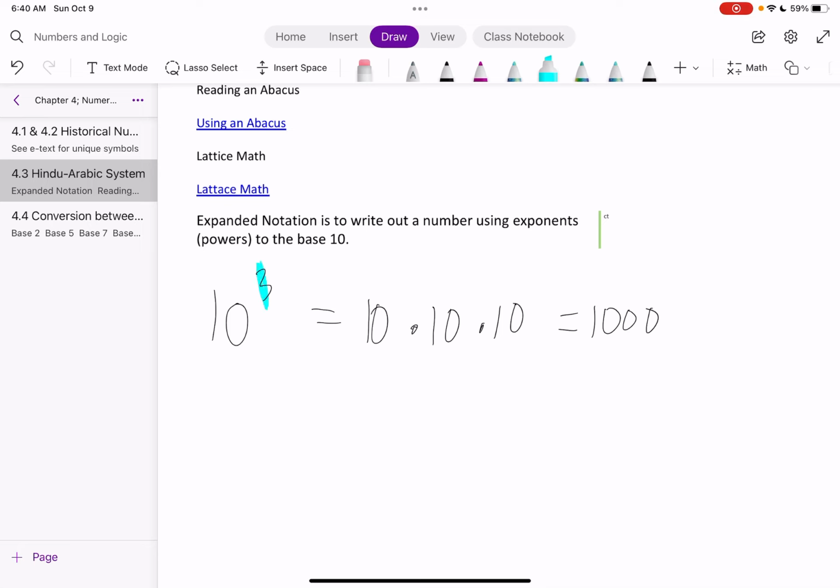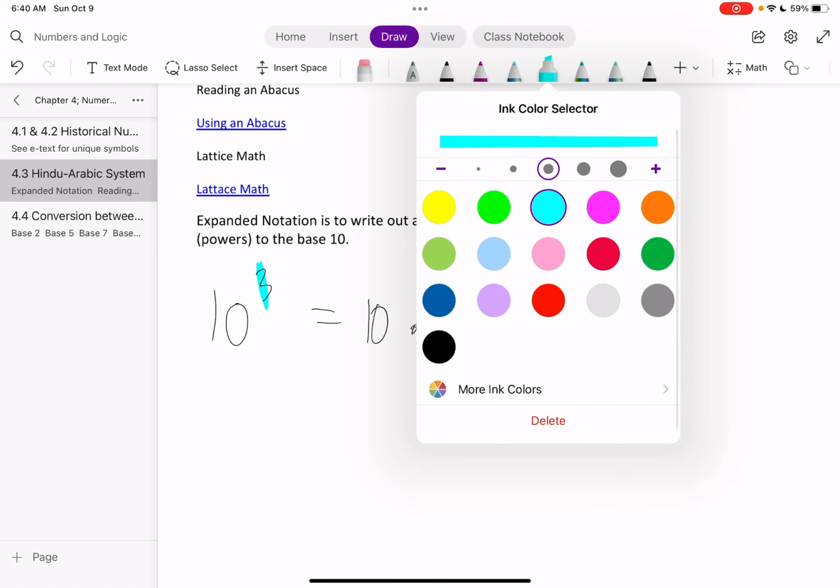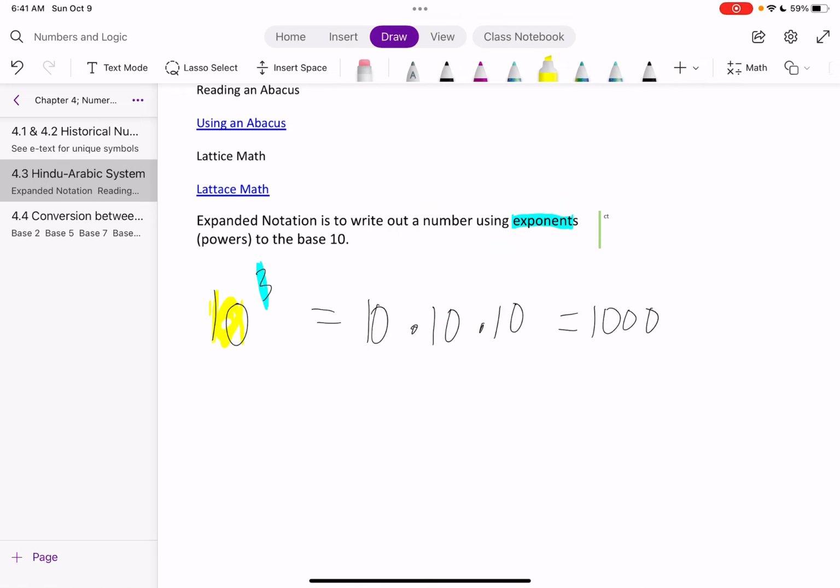So this 3 is our exponent, or our power, and the 10 is the base. Exponent notation always is base 10, but things don't always have to be base 10, because if I have 2 to the fourth power, that is 2 times 2 times 2 times 2, which equals 16.